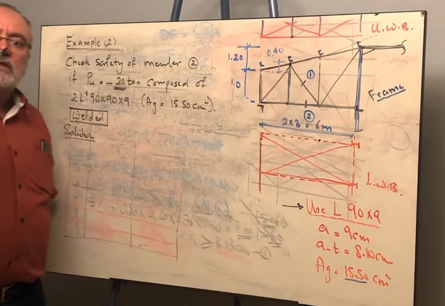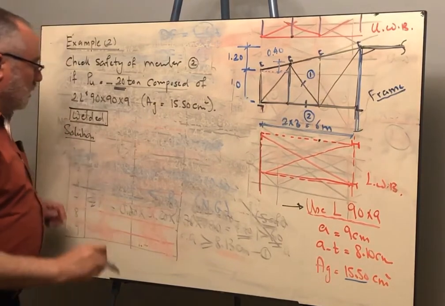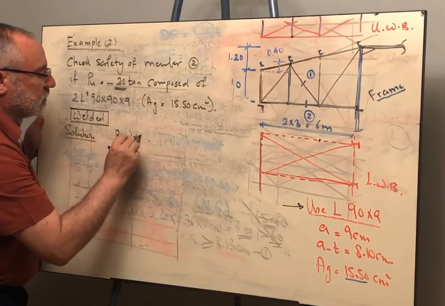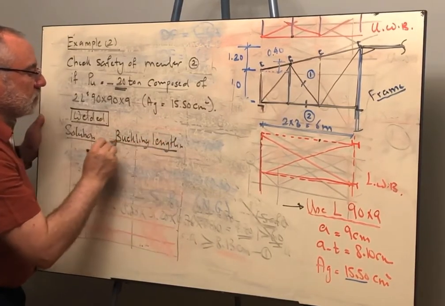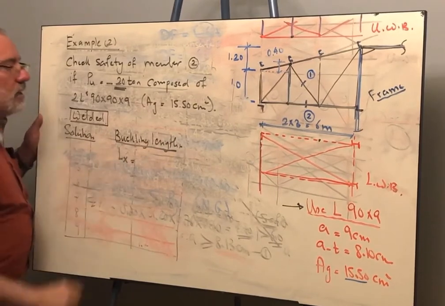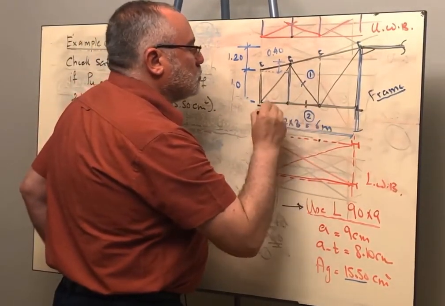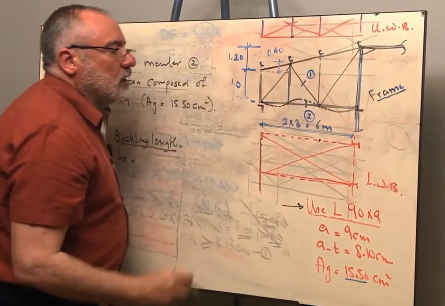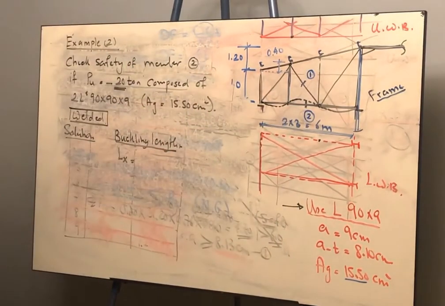We have to satisfy the stiffness condition and the strength condition. To do that, I will have to get first the buckling length. For the in-plane buckling, this member, if it wants to buckle, it will buckle like this in the in-plane. Each joint is considered to be a pinned support.